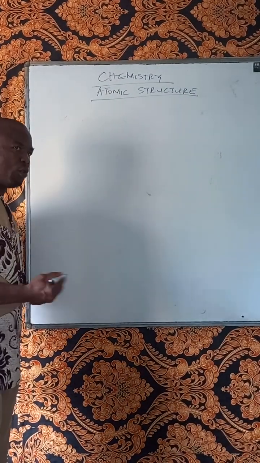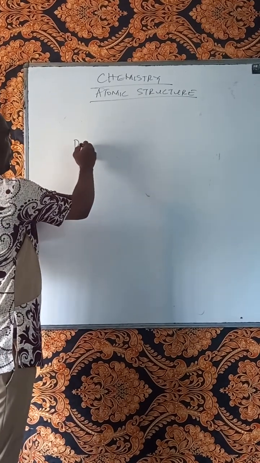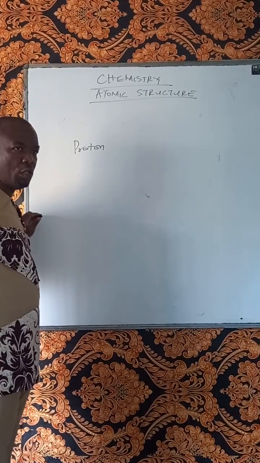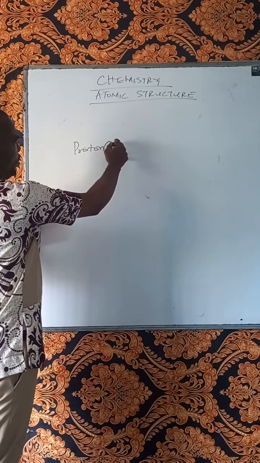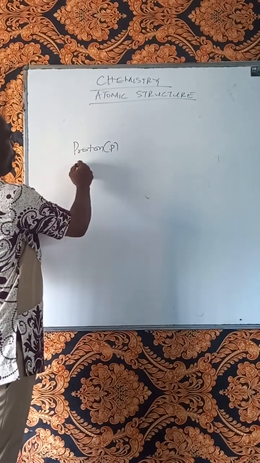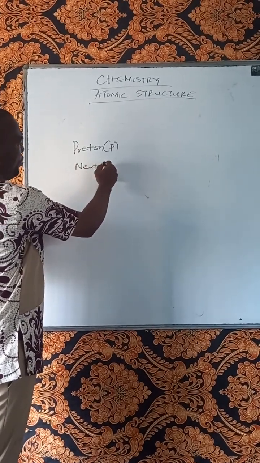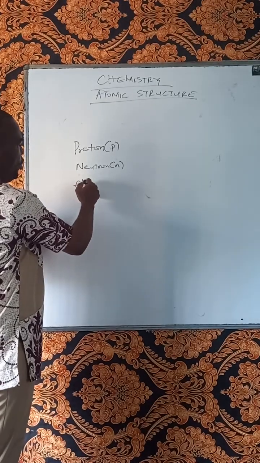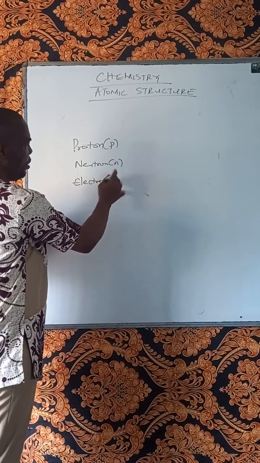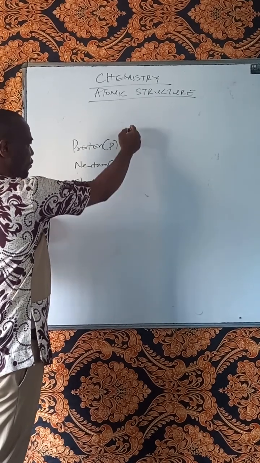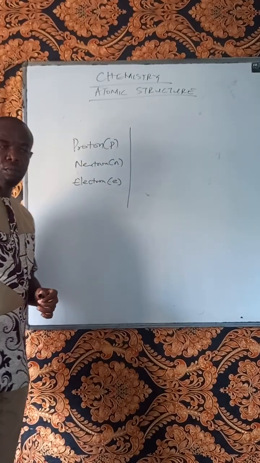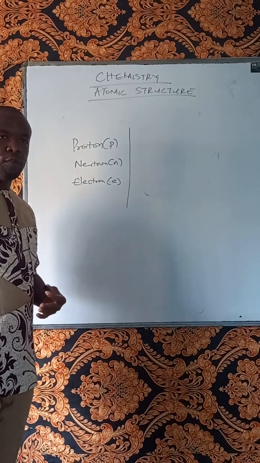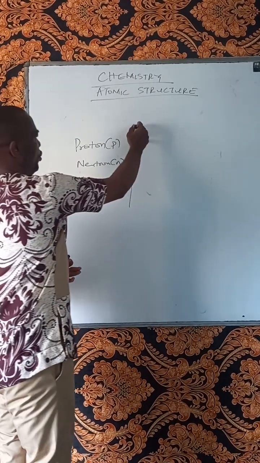What are these particles? There are three major particles in the atom: proton, which is represented using P; neutron, which is represented using N; electron, which I represent using E. These are the three particles found in the atom. Now, where are these particles found? Location.